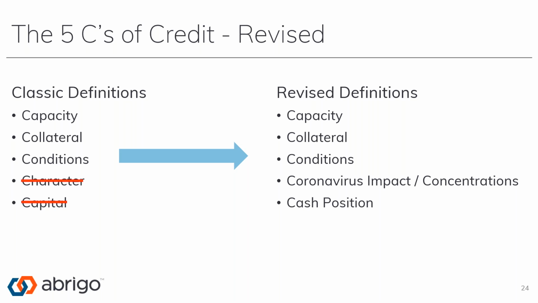So these are my revised 5 C's. Hot off the press, you're the first folks that have ever heard of the revised 5 C's of credit. You can go to the next slide, Thomas.